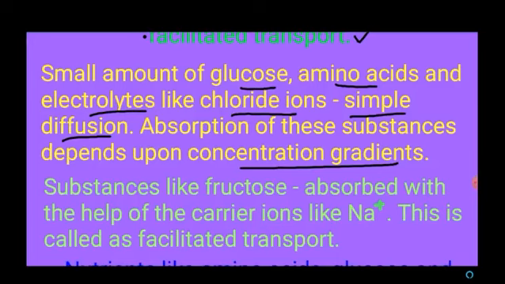After digestion, the glucose, amino acids and electrolytes like chloride ions are more in concentration in the lumen of the intestine compared to blood. So it will easily diffuse from the lumen of the intestine into the blood capillaries by simple diffusion.